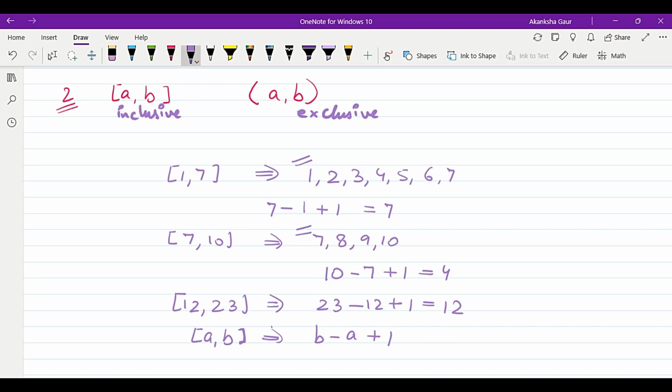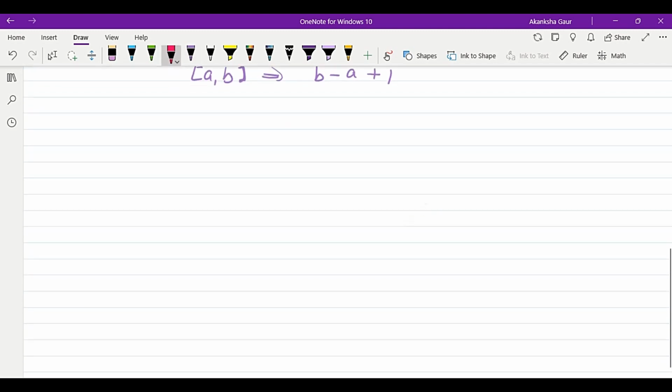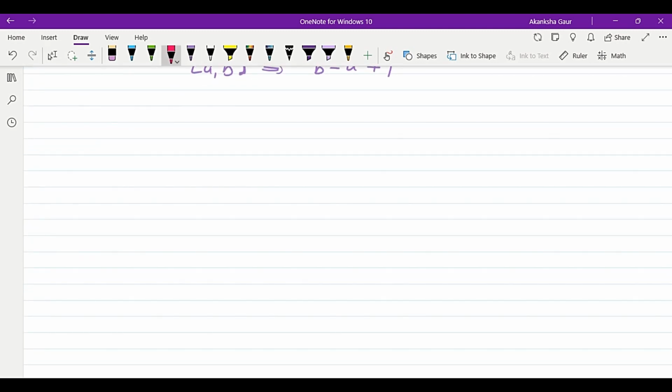Okay, great. Now let's move on to the third concept that we will need. Now we need a basic understanding of arithmetic progression, or AP.